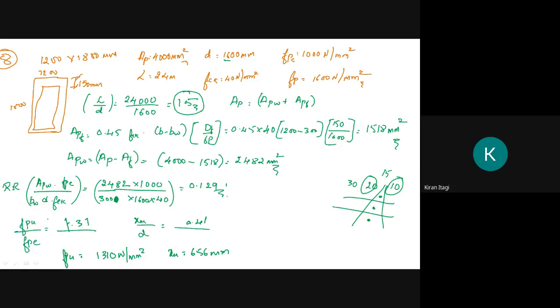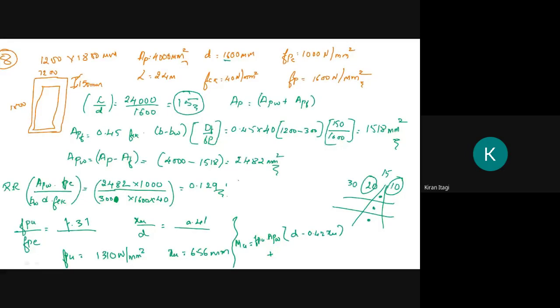We have the formula. Mu, the bigger one. That is fpu into Apw, into d minus 0.42 xu, plus... Sir, 696.94? Mu, sir, Mu. No, Jayant, wrong answer. Check it once.